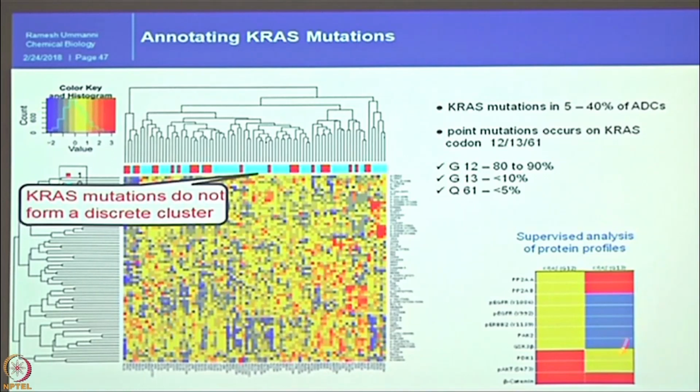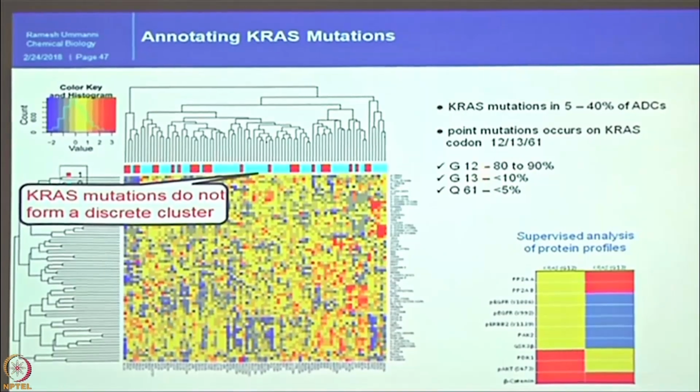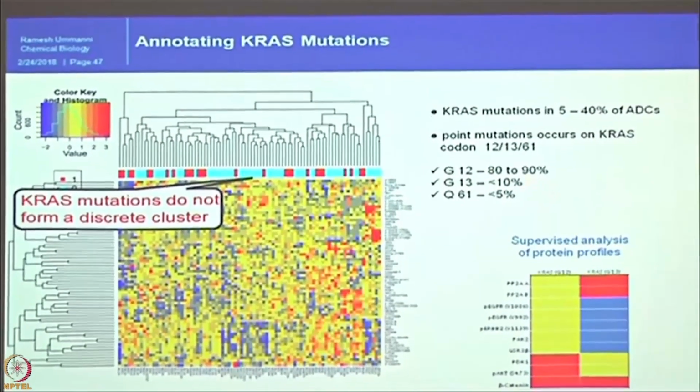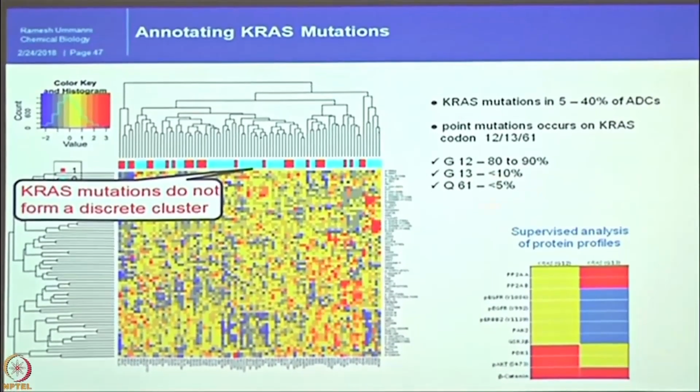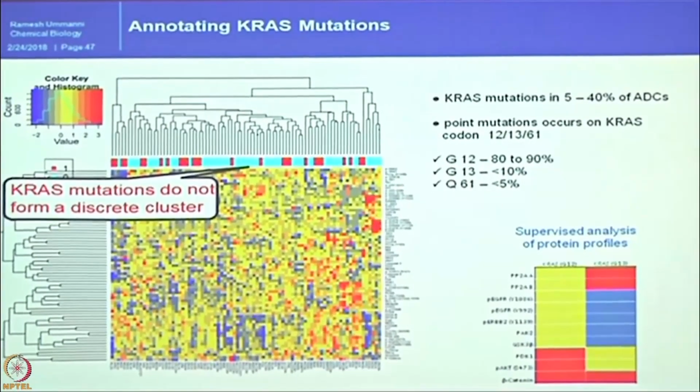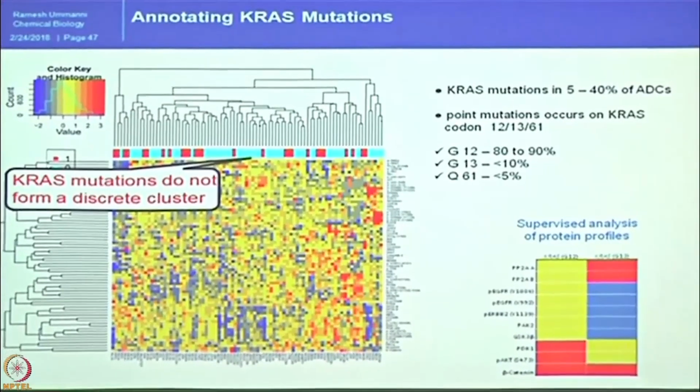I will try to convince you. When you take a closer look here, these are the different proteins upregulated or downregulated in a G13 mutation compared to a G12 mutation. There are 3 different mutations. 80 to 90% of lung cancer patients have G12 mutations, only 10% or less have the G13 codon mutation, and less than 5% of the population are affected with the Q61 mutation.